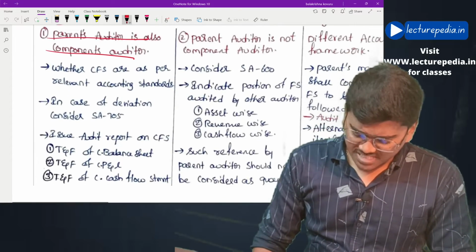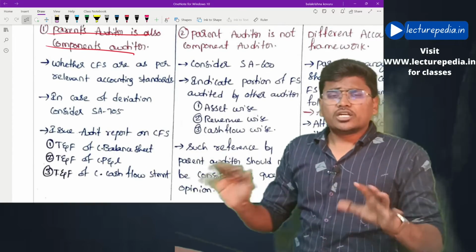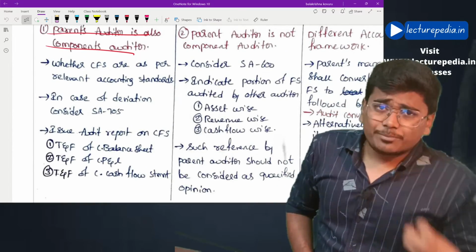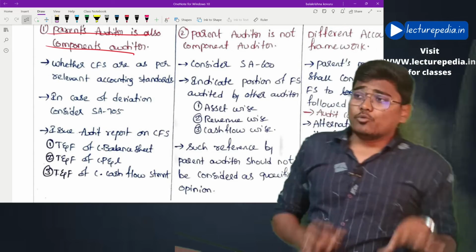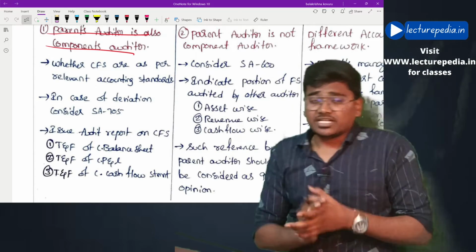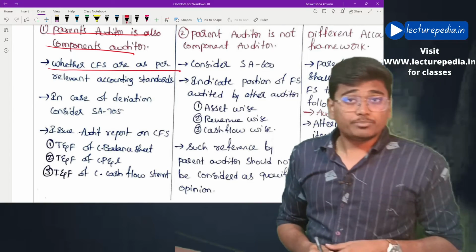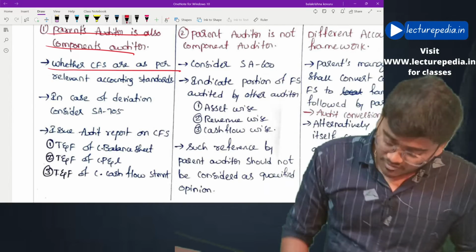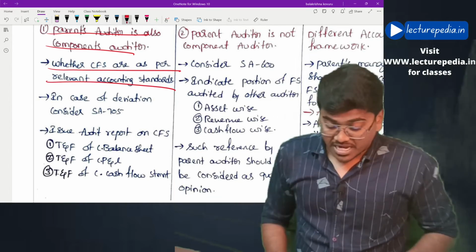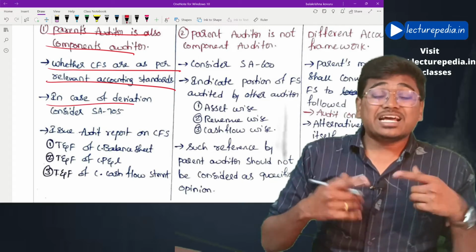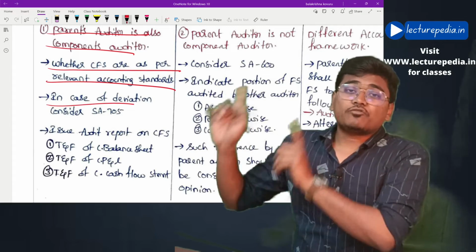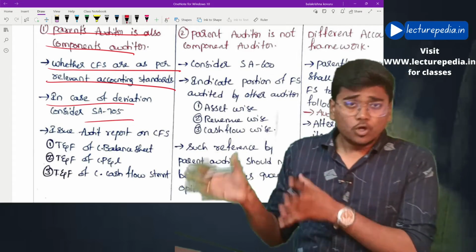Now, parent auditor is also the auditor of the components. In that case, what the parent auditor has to do is check whether the consolidated financial statements have been prepared as per the applicable financial reporting framework, that is accounting standards Ind AS. Next, in case there is any deviation, he has to consider the implication of SA 705, modification to the opinion.